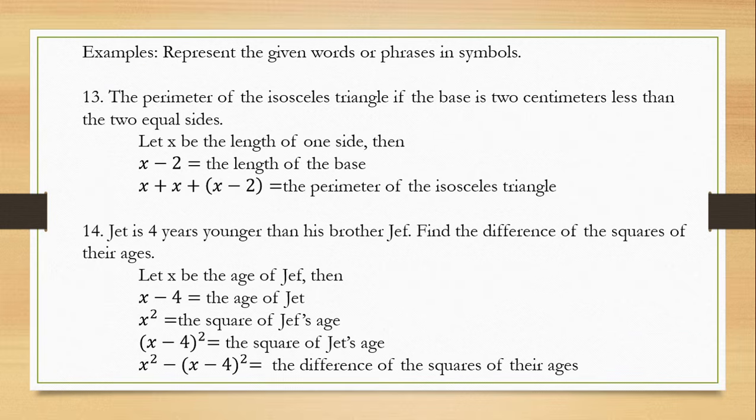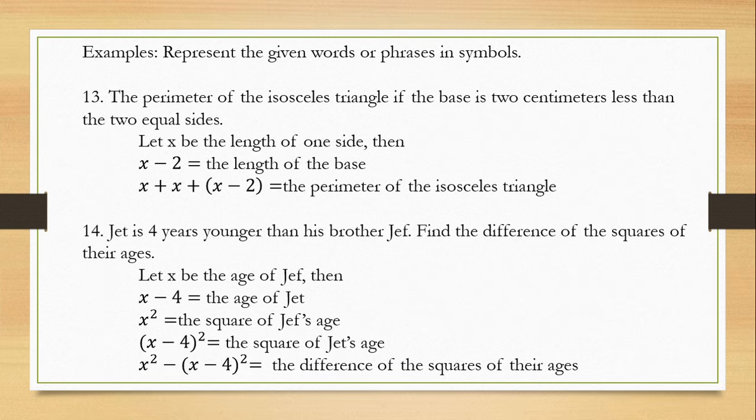So, the perimeter of an isosceles triangle, where the base is 2 centimeters less than the two equal sides. Let x be the length of one side. What is the perimeter of a triangle? We add all the sides. So it says the base is 2 centimeters less than the two equal sides. So x minus 2 will be the length of the base.